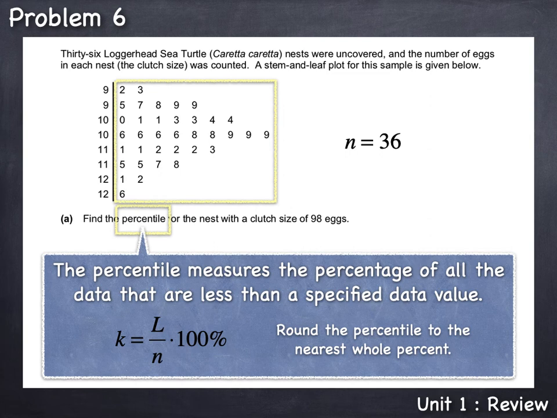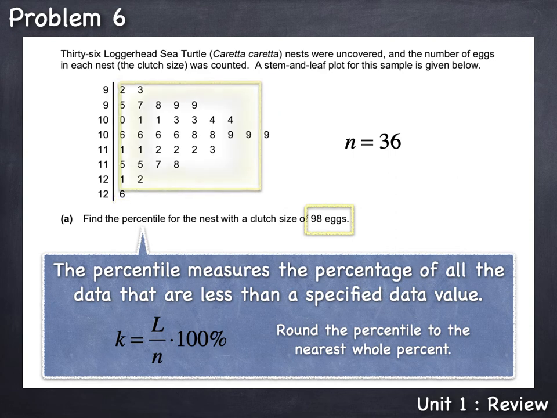Now to find L, the number less than the specified data value, we have to locate the specified value of the 98 eggs. So in the stem and leaf plot, the nest containing 98 eggs is found here, where 9 is on the stem, or to the left, and the 8 is the leaf to the right.